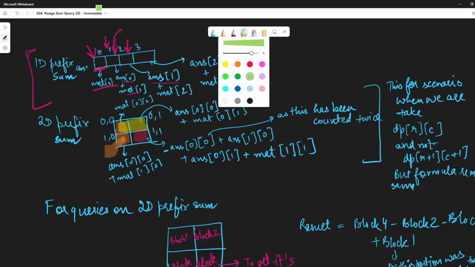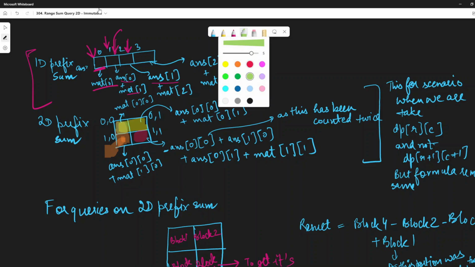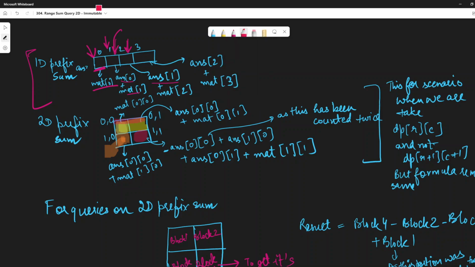And at this particular block we are having the one itself, and this pinkish one is required to have the answer of all this, right?